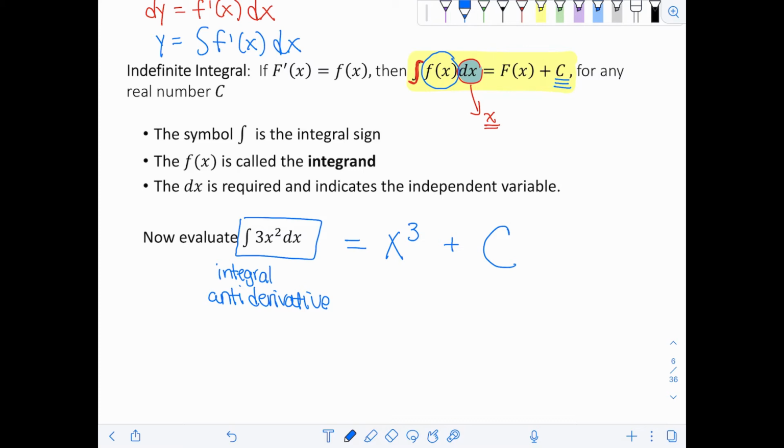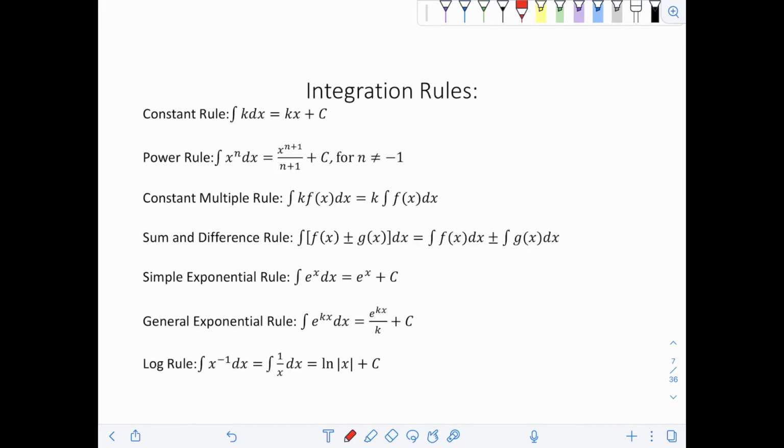And then if we think about going backwards, we would take the derivative. So the derivative of x cubed is 3x squared. So that checks out. And then the derivative of any number that I would put here would be 0. And so that's why there's nothing else there, just the 3x squared.